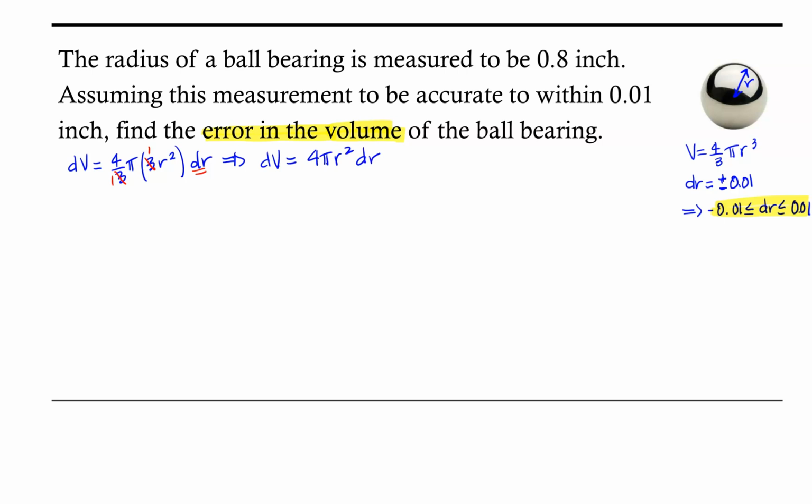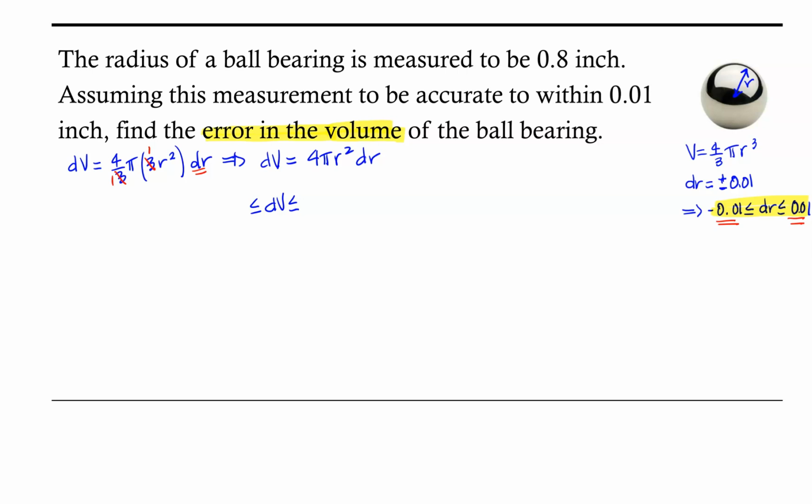Now, because we have these bounds for the error in the radius measurement, we know that our dV is going to be bounded, and it's going to have an upper bound and a lower bound.